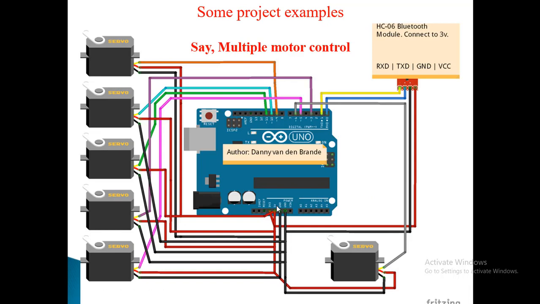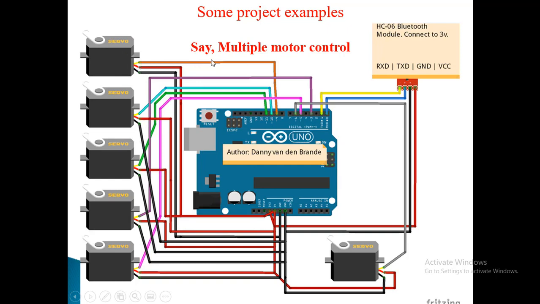And now I'm going to talk to you about some basic project examples with Arduino. First of all, if you are planning to control multiple motors with Arduino, what do you have to do? Connect the motor with the digital pin, the power supply and the ground pin, because in every motor there are three pins. One is the power supply, another is ground, and another is the control pin.